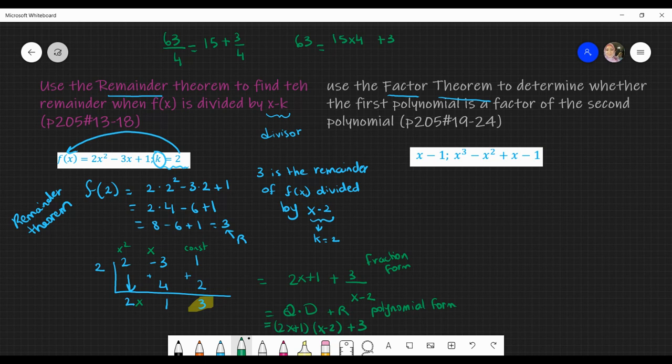Now, again, why is it useful to find just the remainder without dividing? So going back to the idea of remainder form, it is useful because it comes to an idea called factor theorem. And what does factor theorem mean? The word factor should be very familiar.